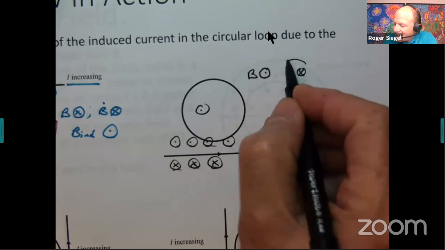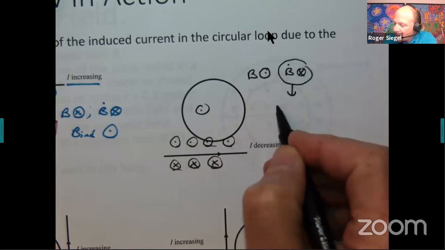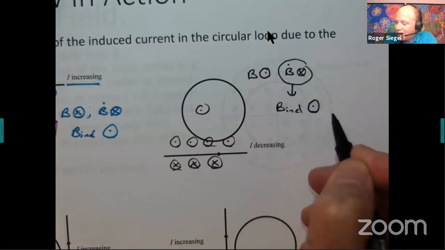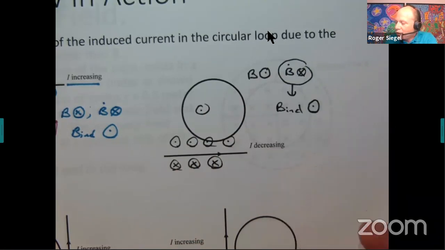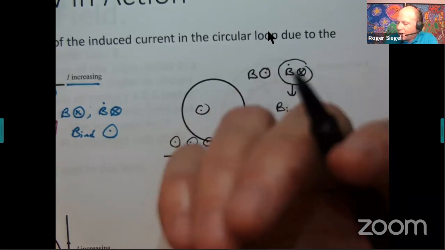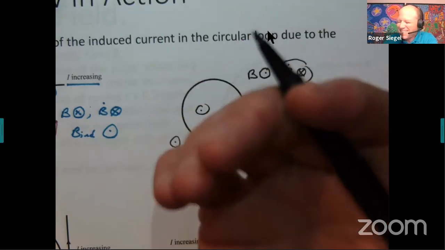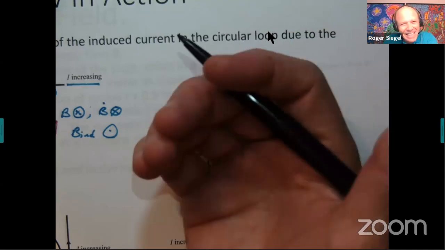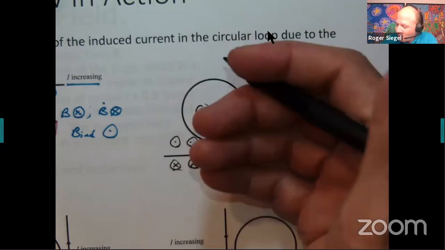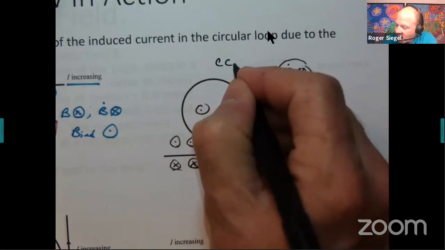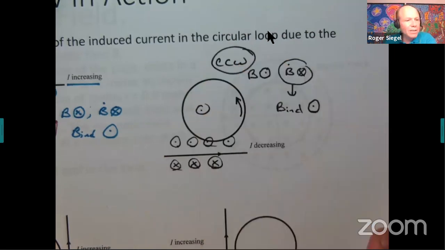So if B dot is into the page, Lenz's law says that B induced has to be out of the page, okay? It's going to create an out of the page field. I'm doing the grip rule. And so again, we're going to get a counterclockwise current according to Lenz's law.